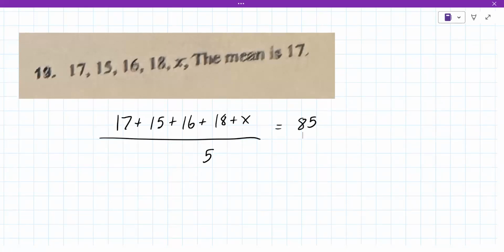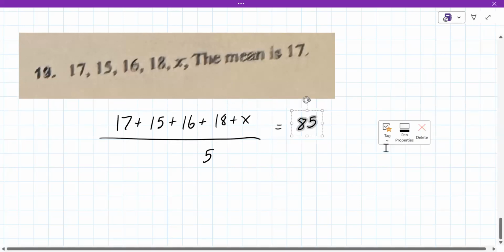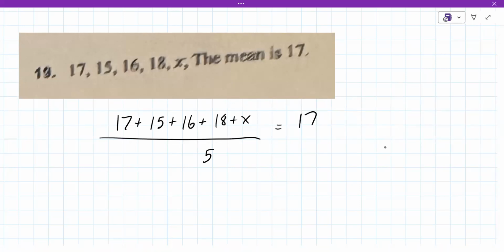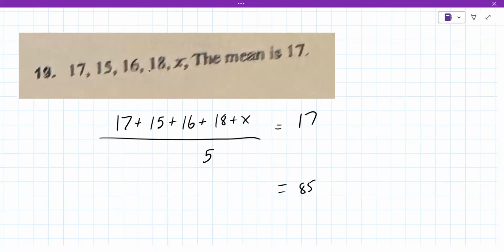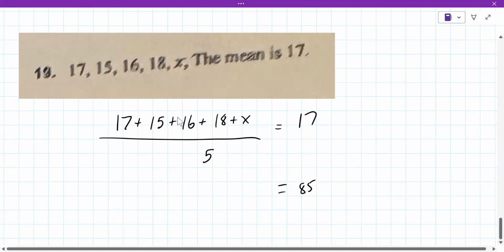I got x equals 3.8. Okay, that's way too far away. It's got to be near these numbers. It can't be that far away. So like you said, it's 85. Well, what's the sum of 17, 15, 16, and 18?